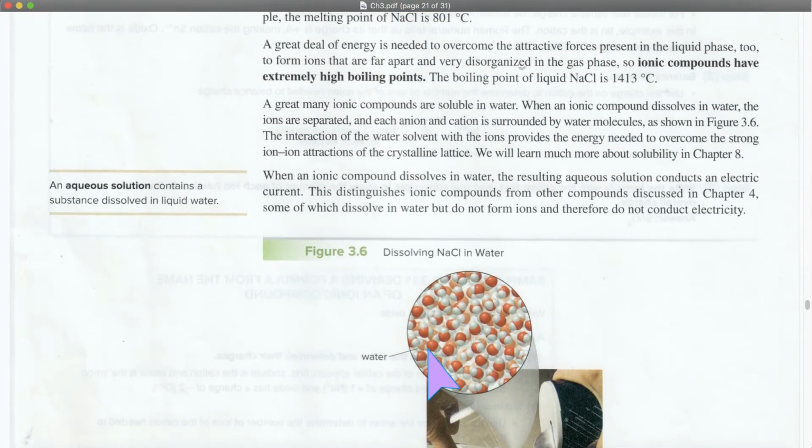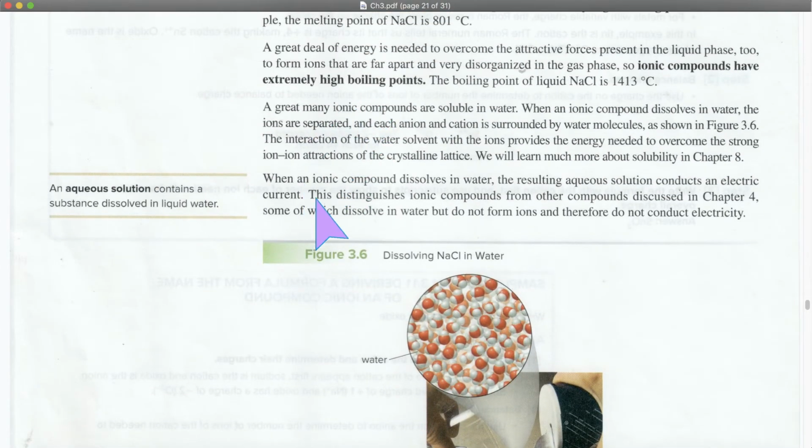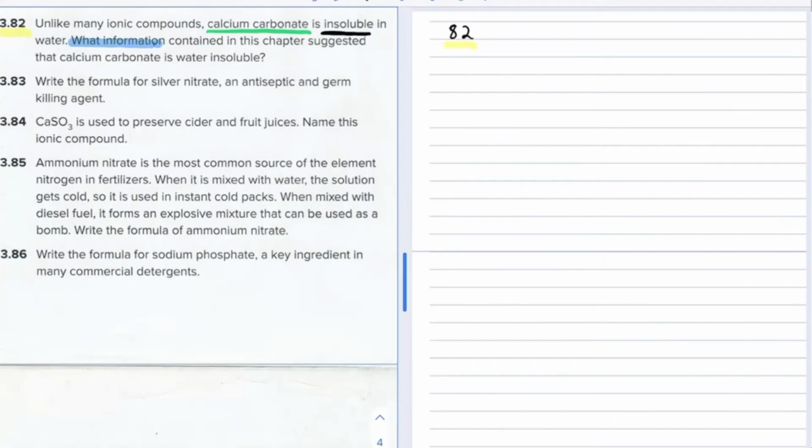It doesn't say anything about how to predict whether an ionic compound does or does not dissolve in water. It says wait until Chapter 8. So going back to the problem, this problem says what information contained in this chapter suggested that calcium carbonate is insoluble in water.